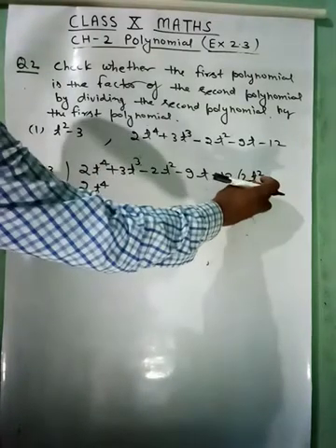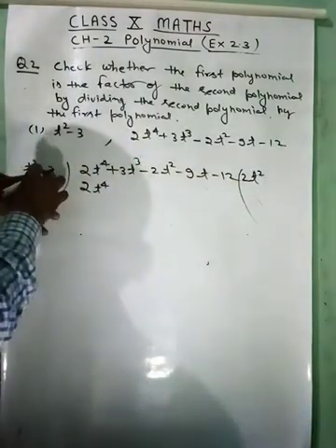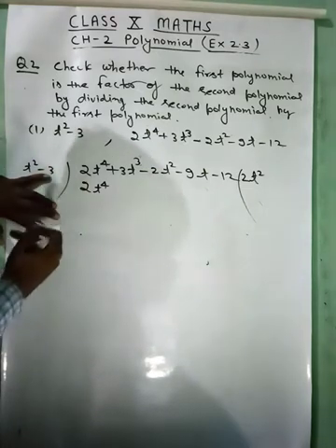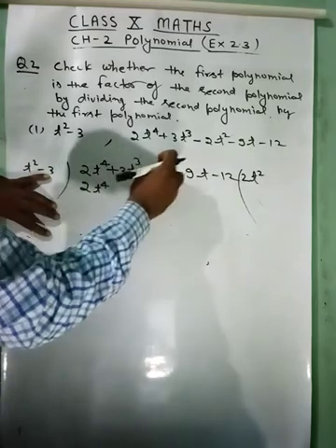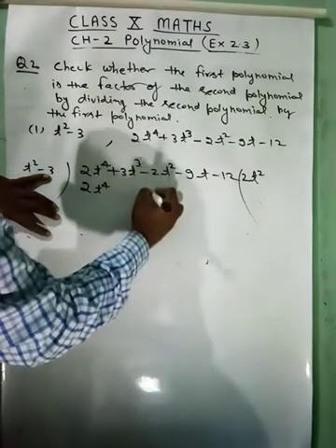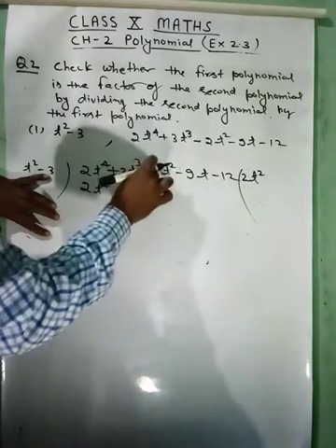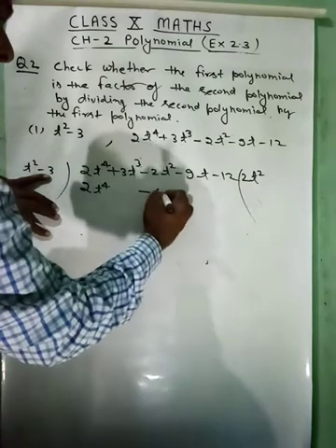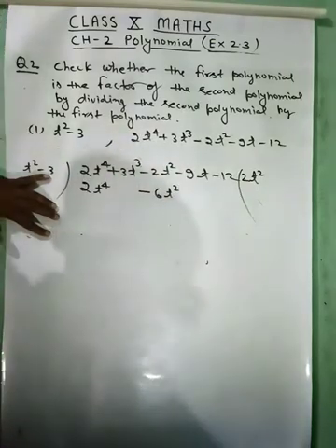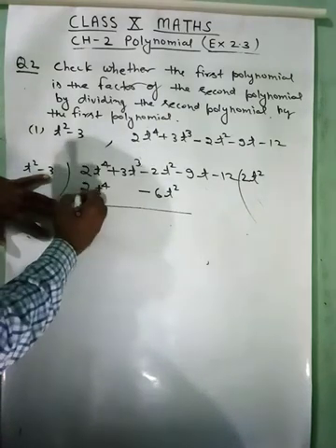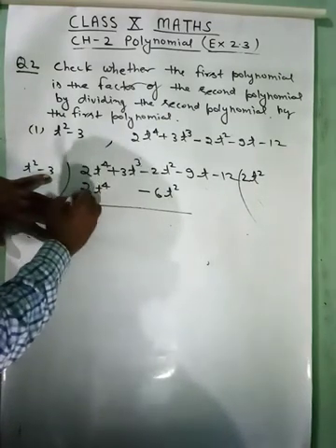Now, when 2t square is multiplied with 3, it will be minus 6t square. So we will see here it is a t square, at the place below of 2t square will be write minus 6t square. Clear? Draw a line and change the sign. It is a positive sign, it means negative.